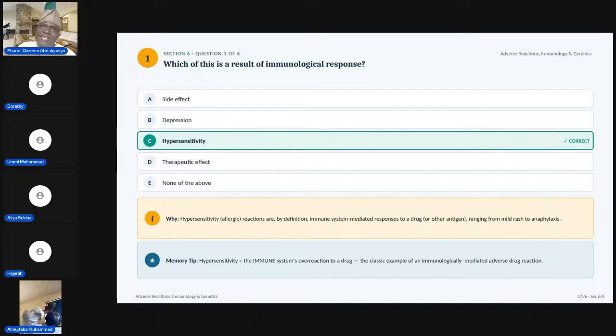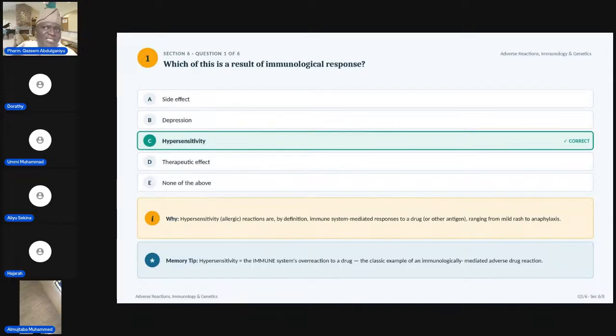For instance, somebody who has taken loratadine gets dryness, the running nose will dry. But because it causes dryness of such secretion, it goes as far as the salivary gland and also causes dry mouth. That is a side effect, and it's expected. We can predict that it's going to happen.